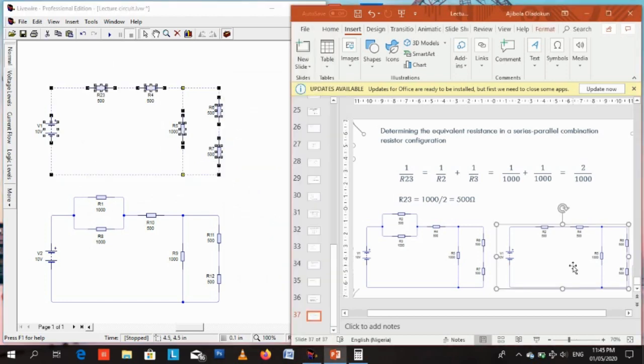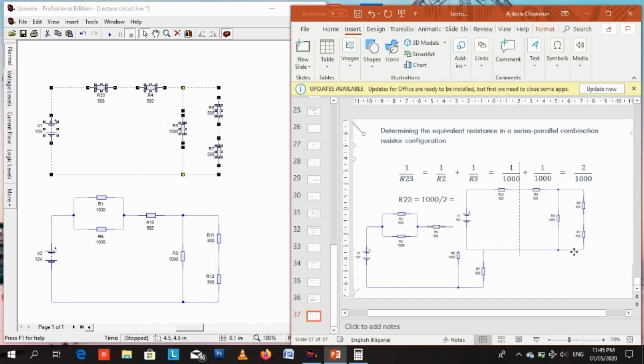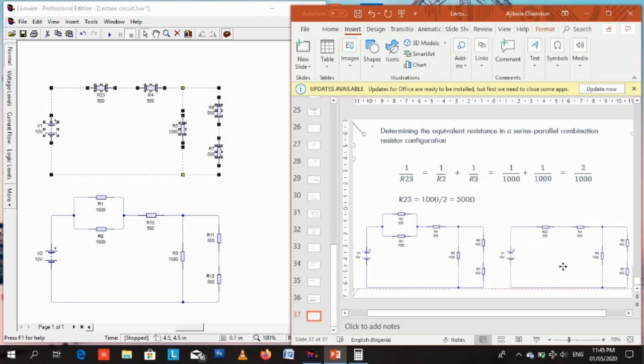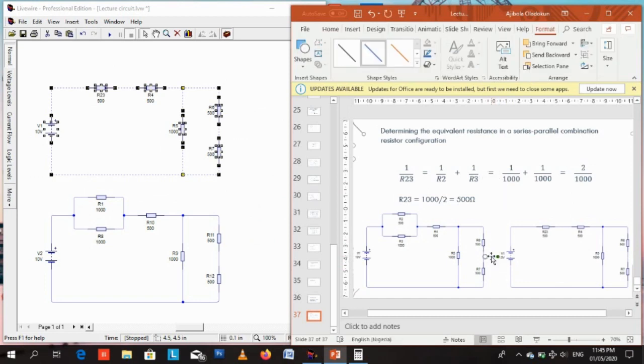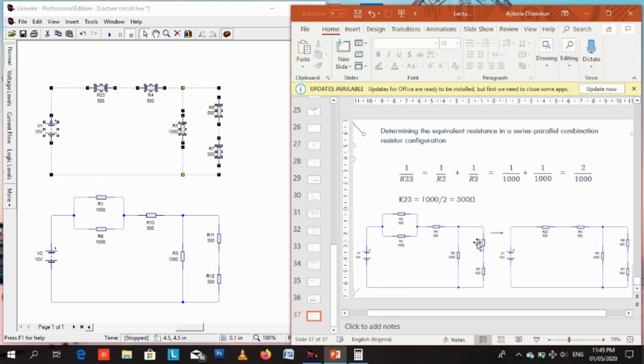Let's delete that, replace it. So R23. Let's get an arrow to point from left to right. What I'm trying to illustrate here is that the circuit on the left in the PowerPoint window, not in the live wire, is the same thing as the circuit on the right.